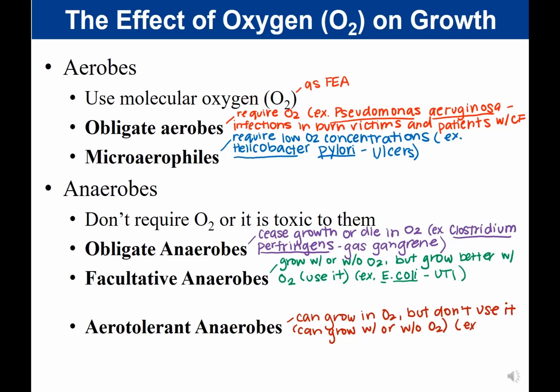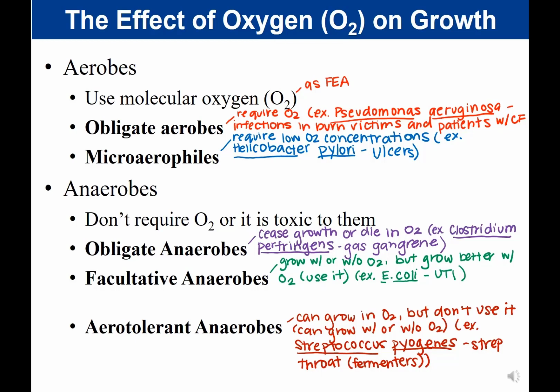Examples of aerotolerant anaerobes would be Streptococcus pyogenes, which causes strep throat, and these organisms are strict fermenters. So for Strep pyogenes, even if O2 is present, it's not going to matter.